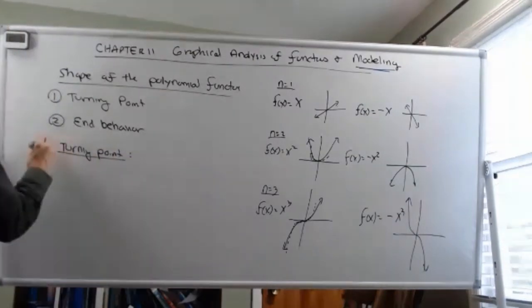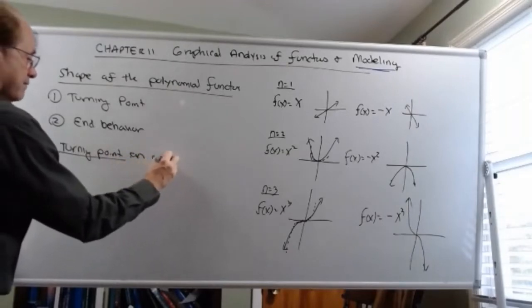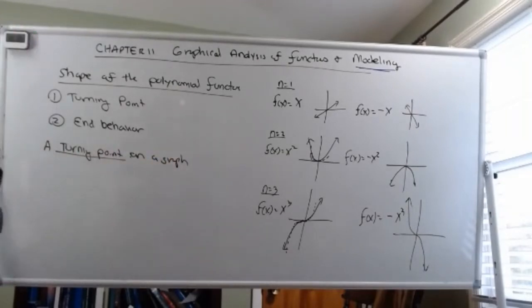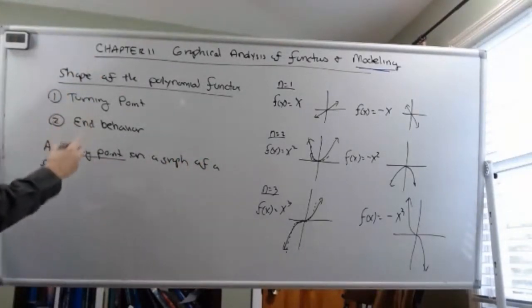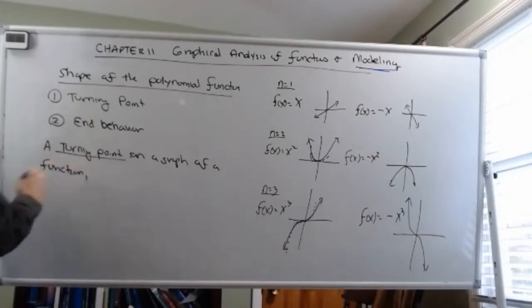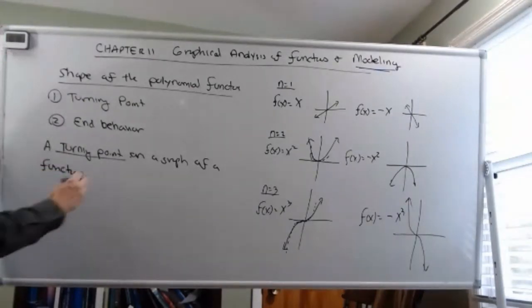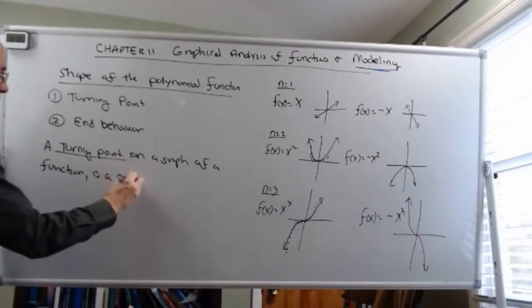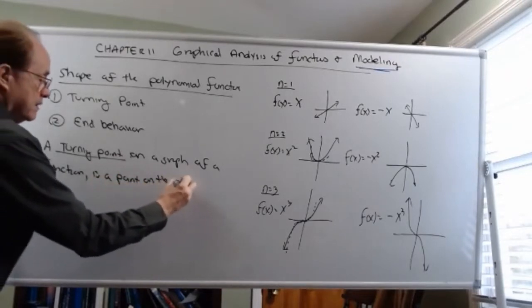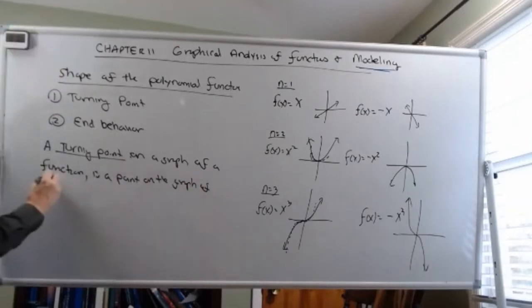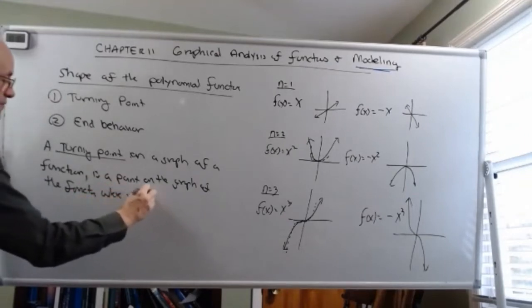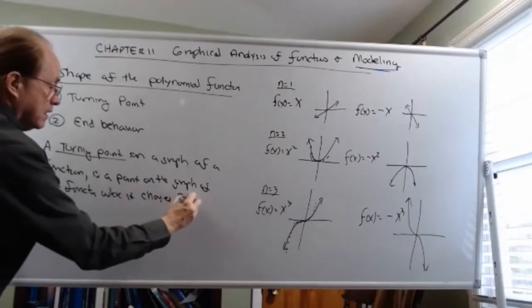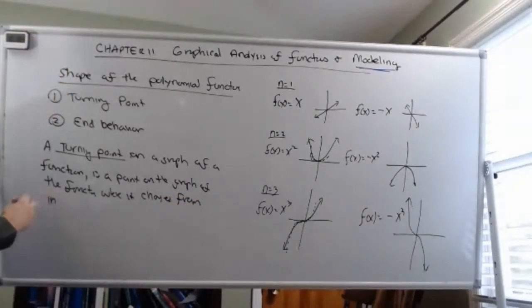A turning point on a graph of a function, and this applies not just to polynomials, but to any function, is a point on the graph of the function where it changes from increasing to decreasing, or decreasing to increasing.